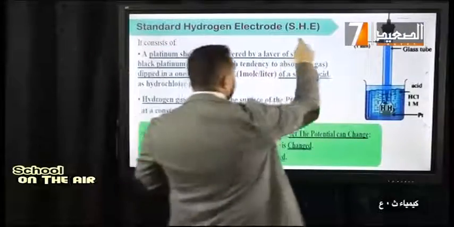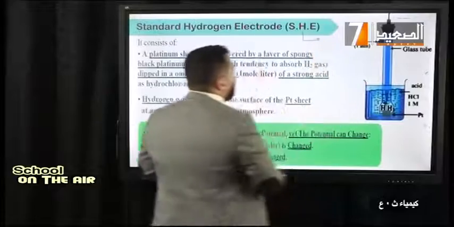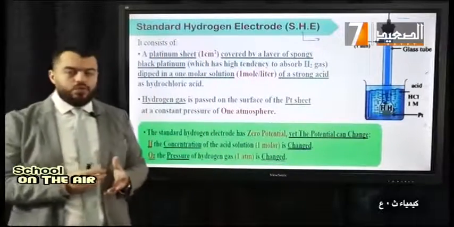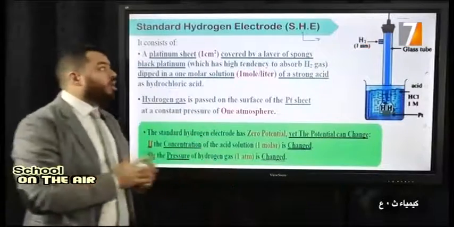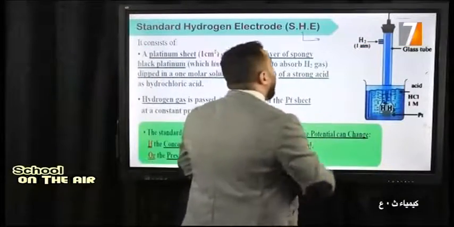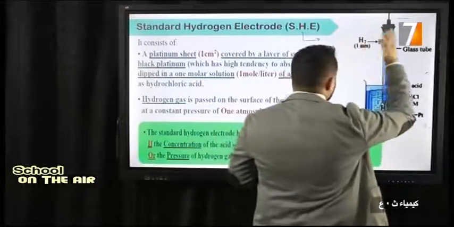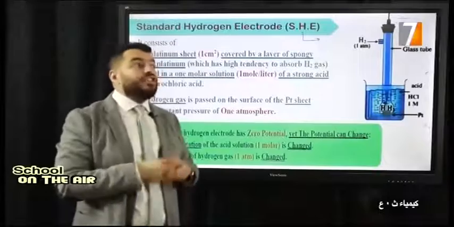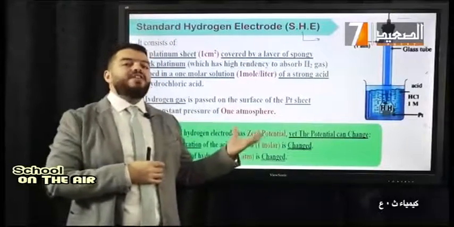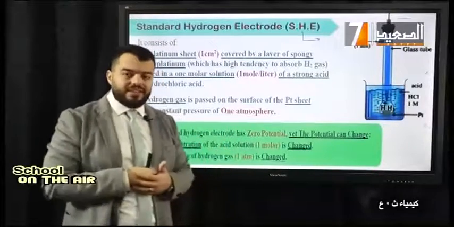You know that hydrogen is inert, with low reactivity. You also know that hydrogen is a gas and it will not conduct electricity. How do you use the hydrogen electrode to conduct electricity in a galvanic cell without it being a metal with the ability to conduct electricity?